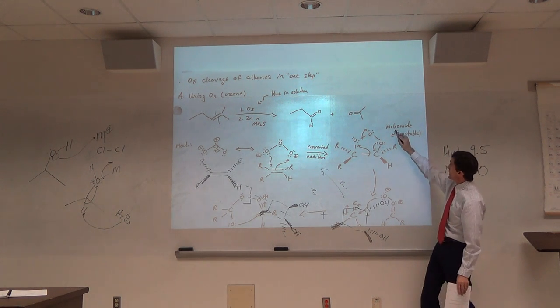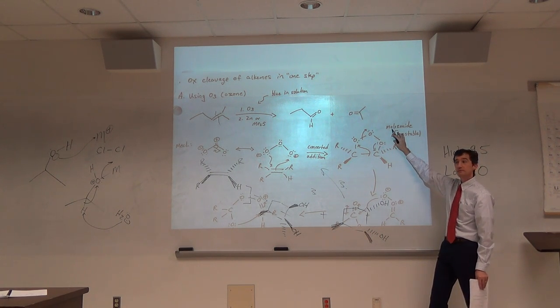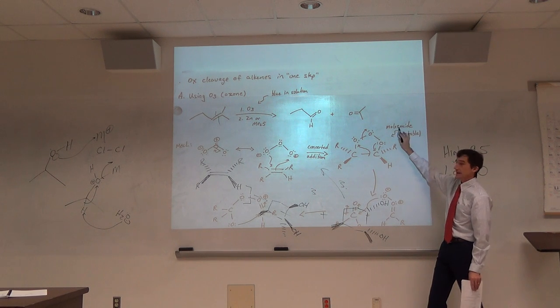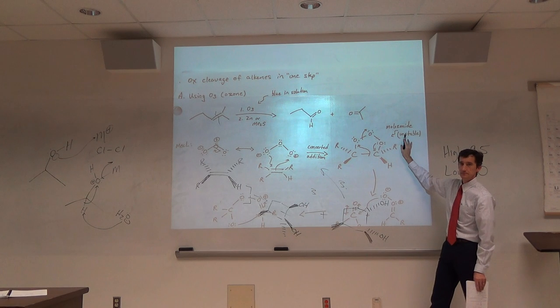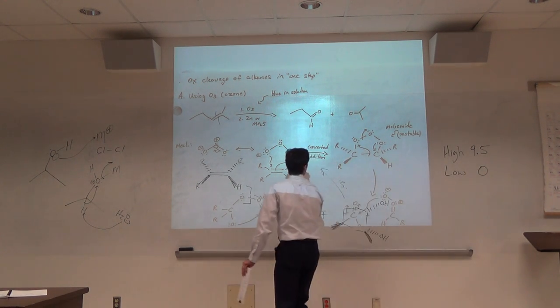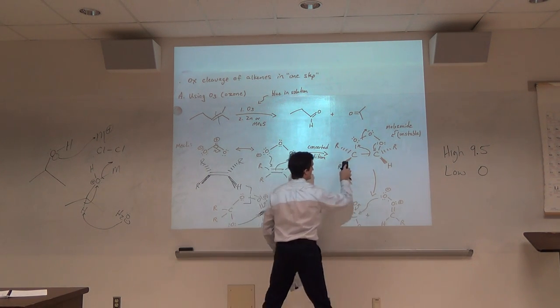This is called a malozonide. Anybody know Spanish? What is malozonide? Mal means bad. That's a bad ozonide. It's not stable because all these oxygens don't like being bonded together.